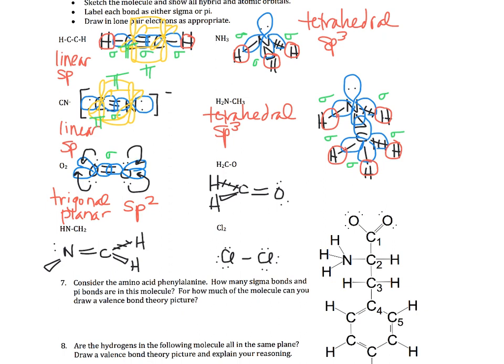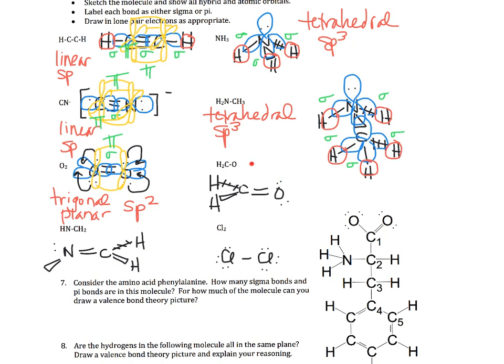We still have another bond to draw, and that's because the oxygens each have a p orbital left. So there's a p orbital that's in the plane of the paper, and those p orbitals can overlap, and now we get a pi bond. So this is an example of how hybrid orbitals, the sp2s, are housing lone pairs and forming a sigma bond, and the leftover p is forming a pi bond.